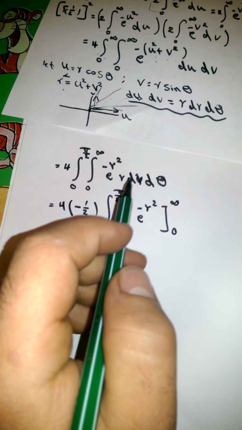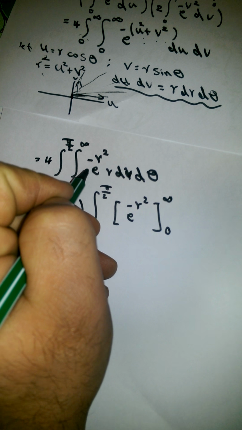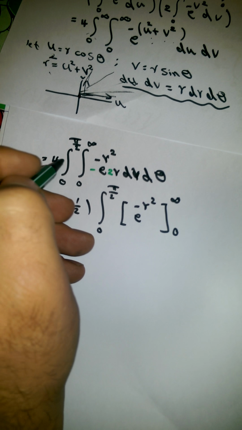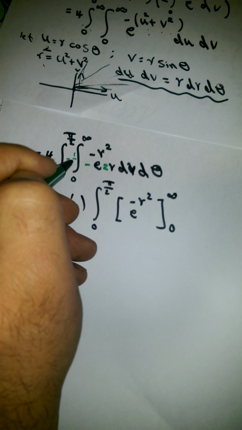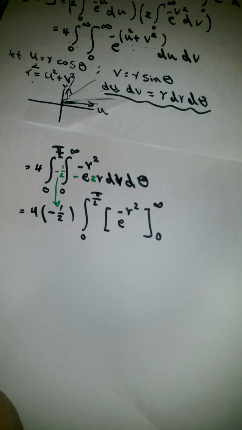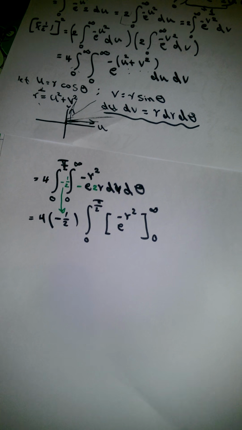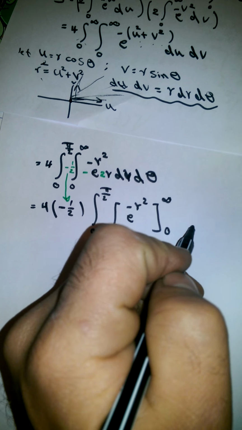We have to multiply it by minus 2, and here we have to add minus 1 over 2. And we have the theta here.